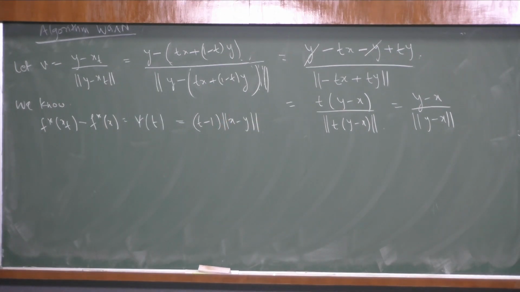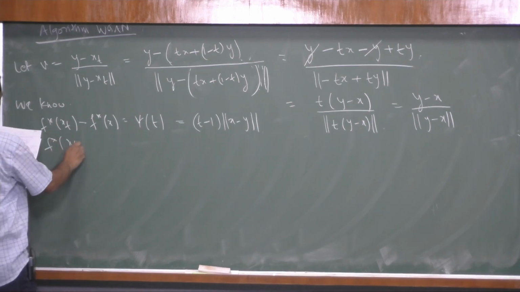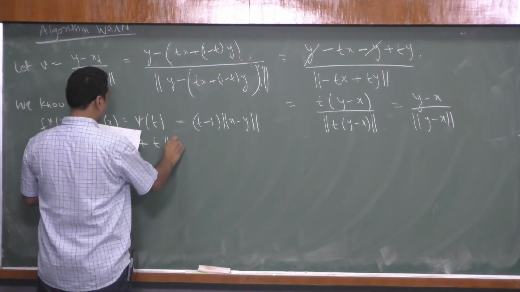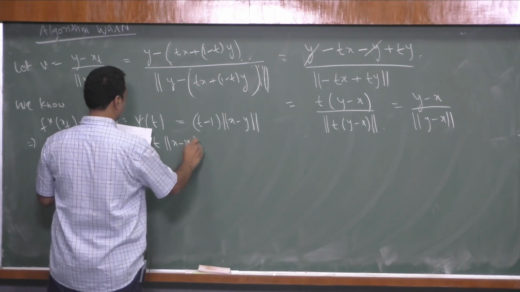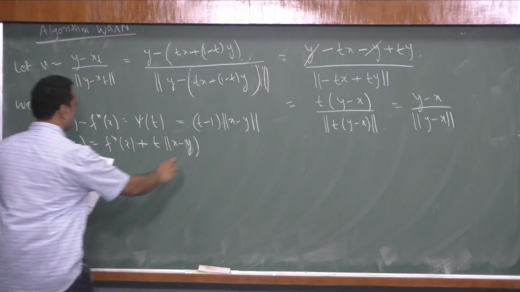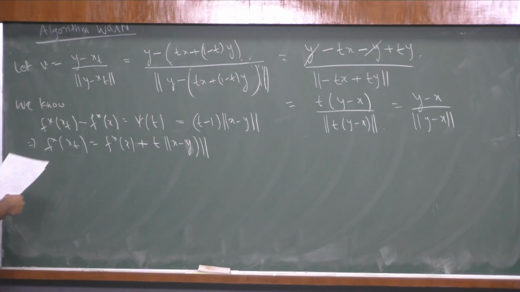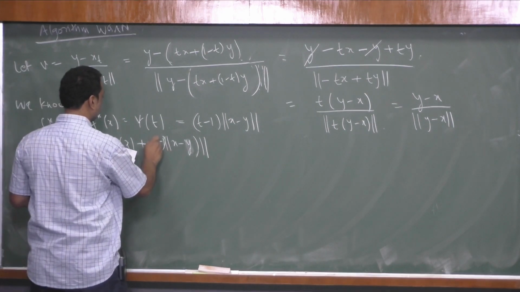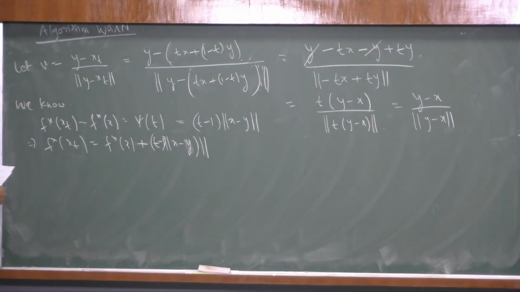So from here we can solve for f star xt, which is f star x plus t minus 1 norm x minus y.